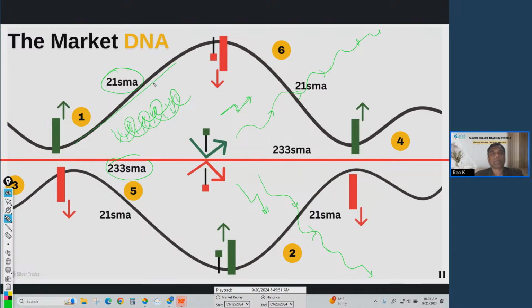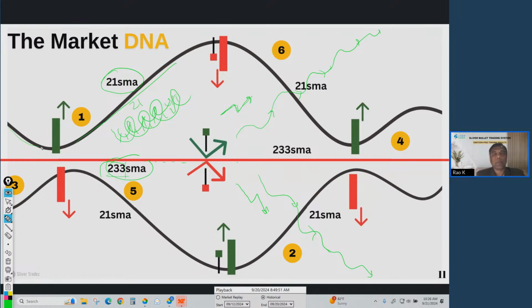This line is the 21 SMA, the 21 period moving average. If you are using a 1 minute chart, every point on this line is an average of the last 21 minutes, and every point on the red line is an average of the last 233 minutes. That's the meaning of moving average, for someone who does not know what a moving average is. So if we put that in context, we get this shape.